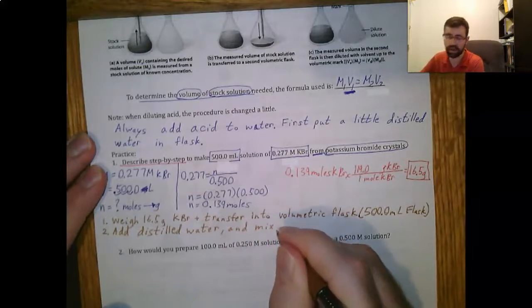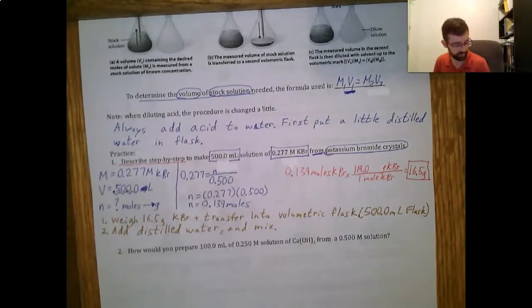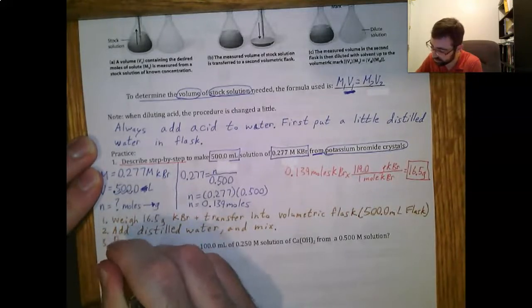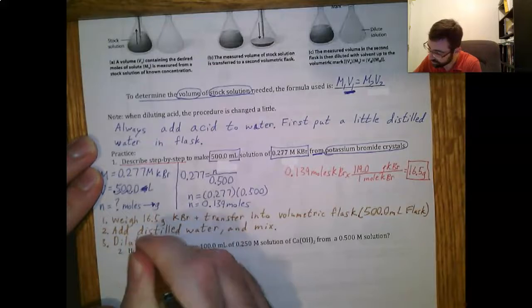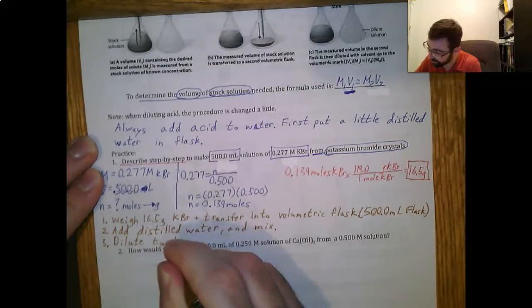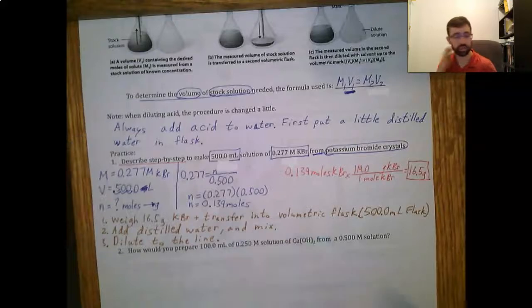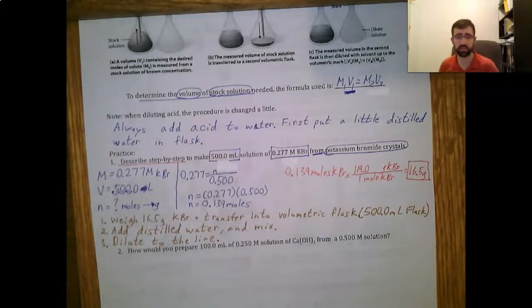You can mix it by swirling it. Okay. And then the third step is dilute to the line, to the 500.0 milliliter line. And that's how I would make my solution.